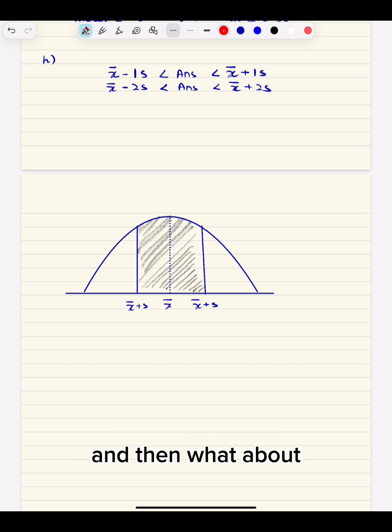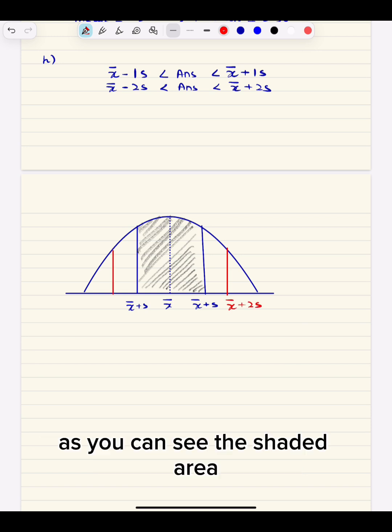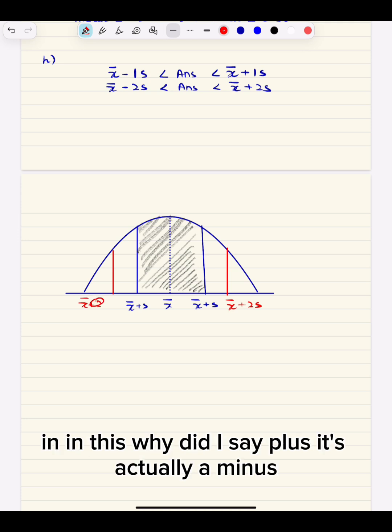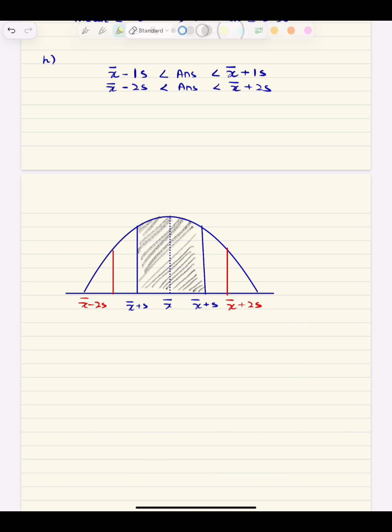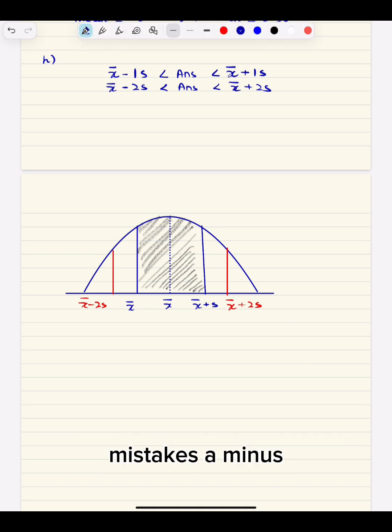Okay, and then what about x bar plus 2 standard deviations away from the mean? As you can see, the shaded area in this, why did I say plus? It's actually a minus. I'm always in such a hurry that I make such stupid mistakes.